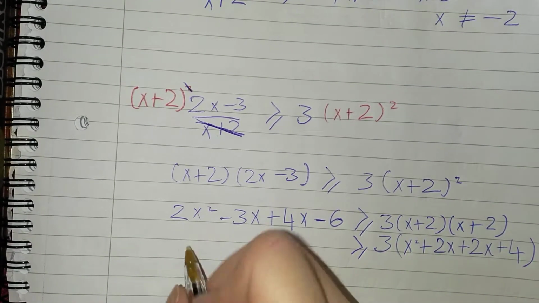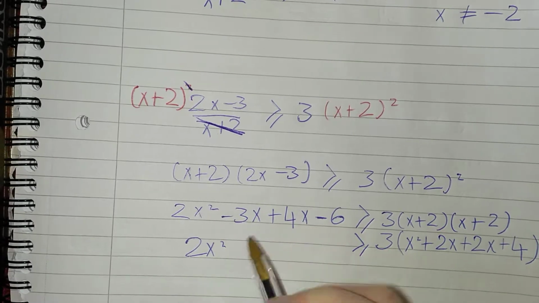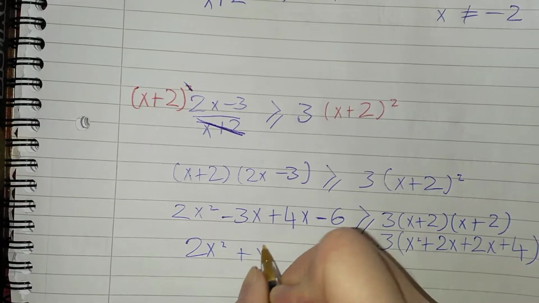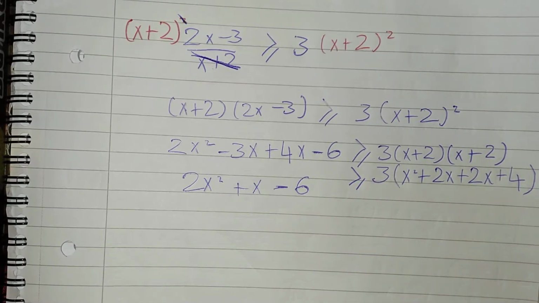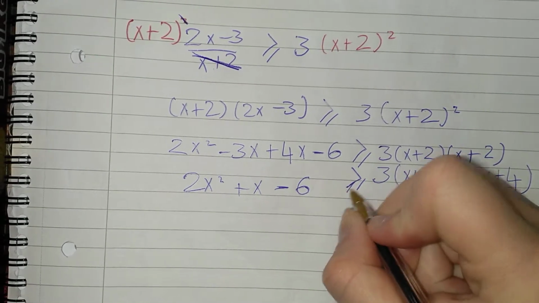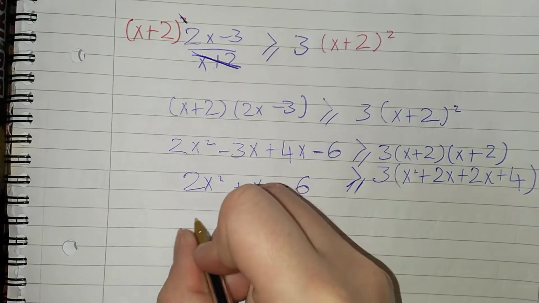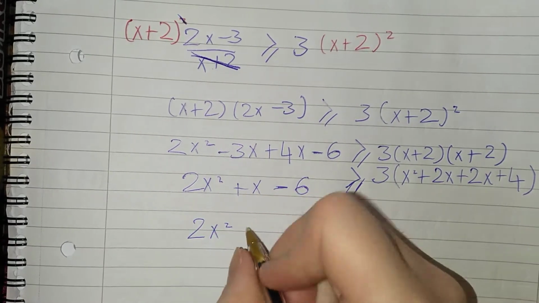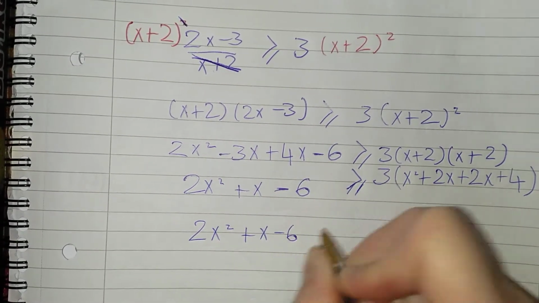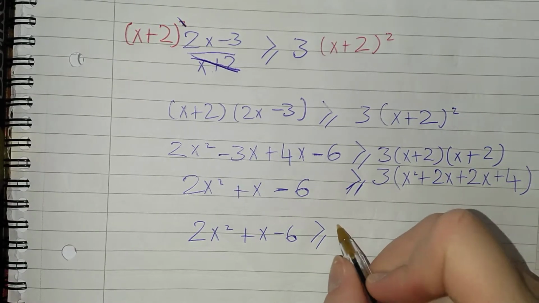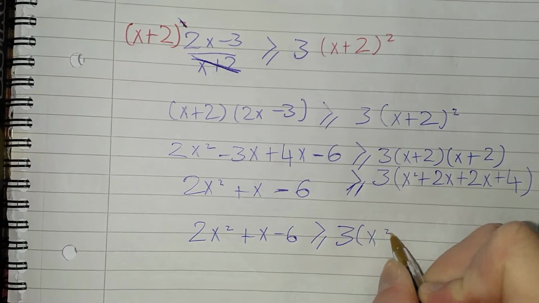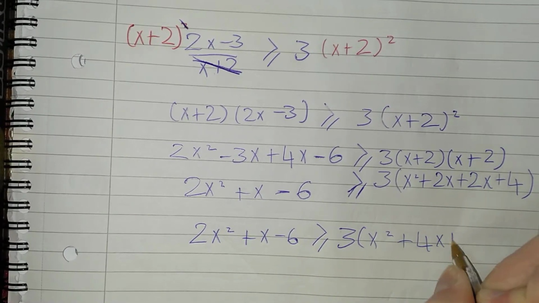So now I'll tidy this up a little bit. So I have 2x squared, and then this will give 1x, minus 6. So that's meant to be there on the same line as that. So then I have 2x squared plus x minus 6, and then if I multiply, 3 by x squared plus 4x plus 4.